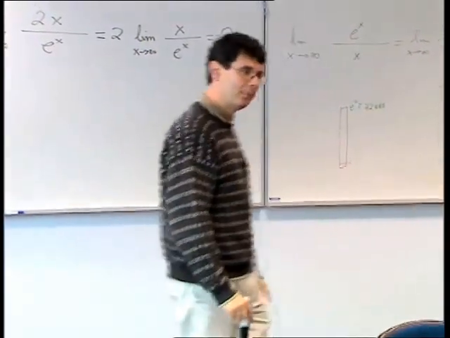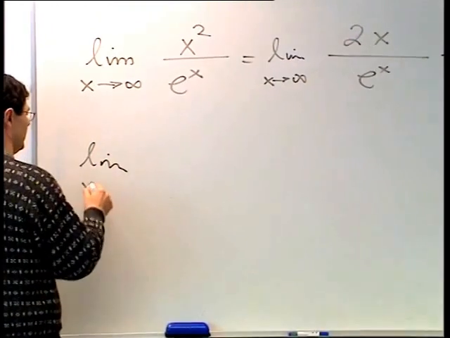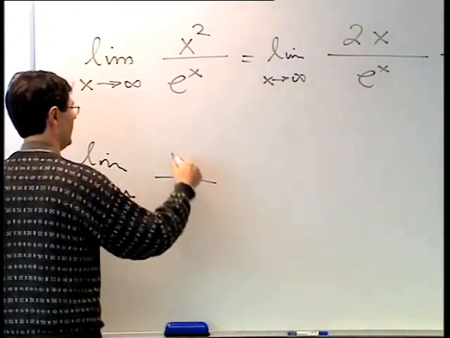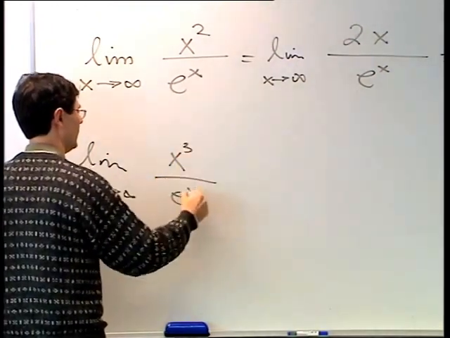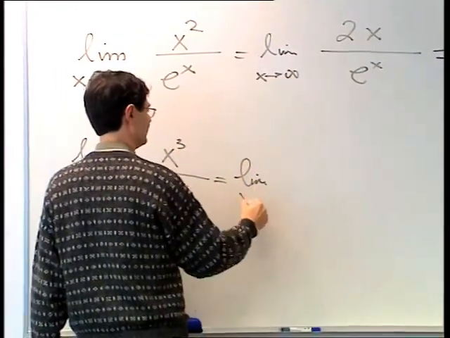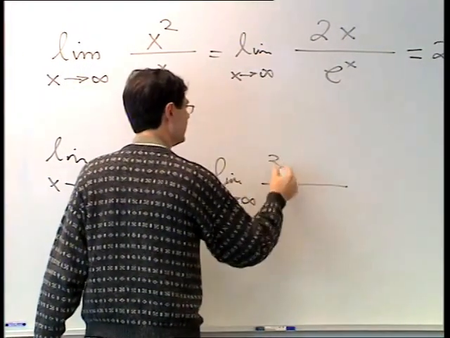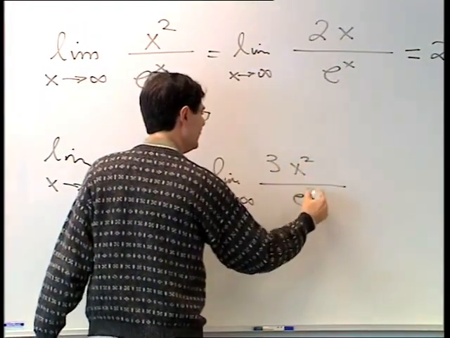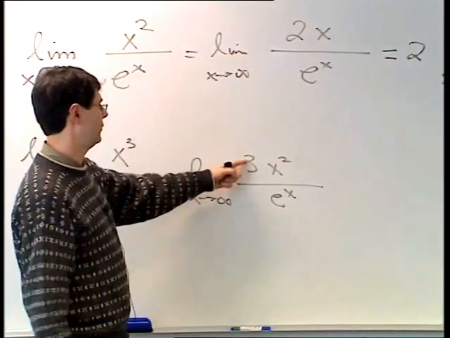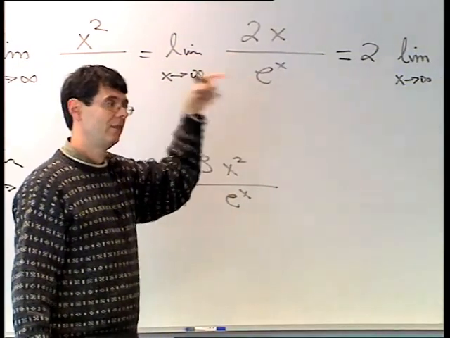It's not going to work, because if you do x cubed, you take a derivative, you get 3x squared over e to the x. Oh, 3. It's 3 times better than that one, but that one was 0. 3 times better than 0 is still 0.